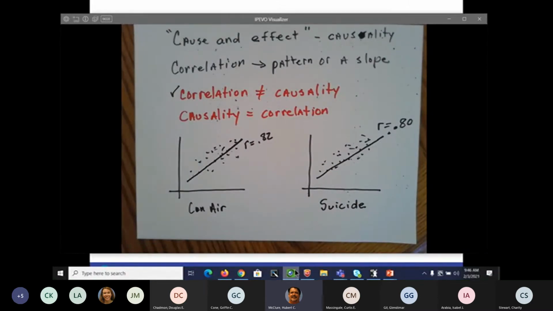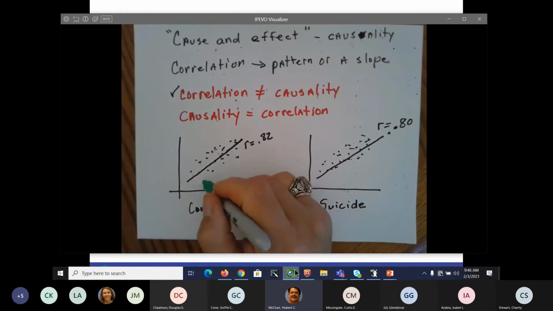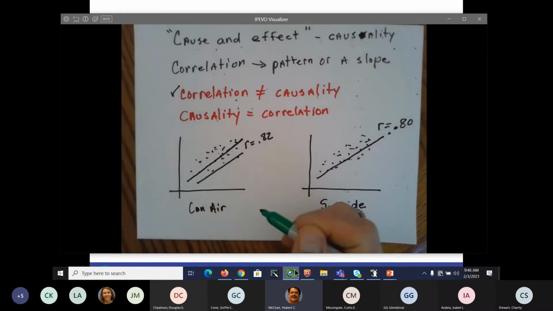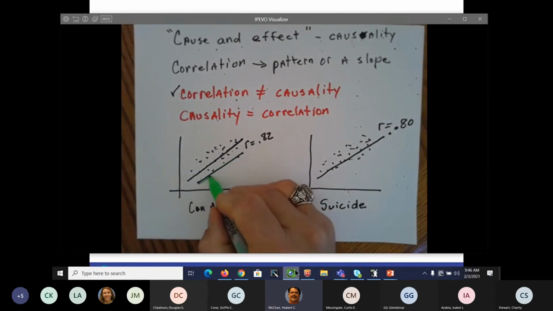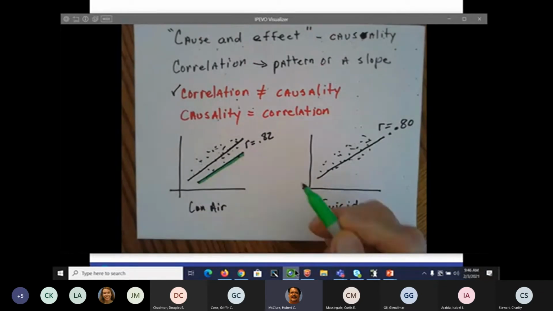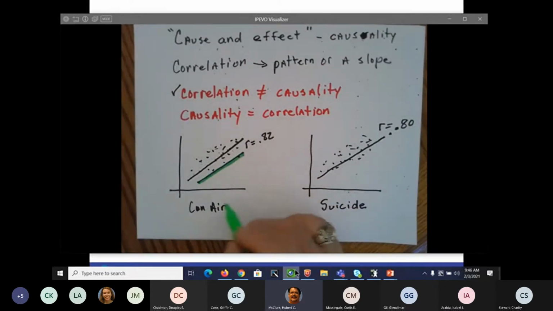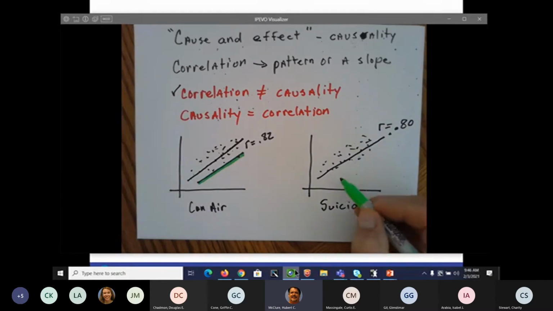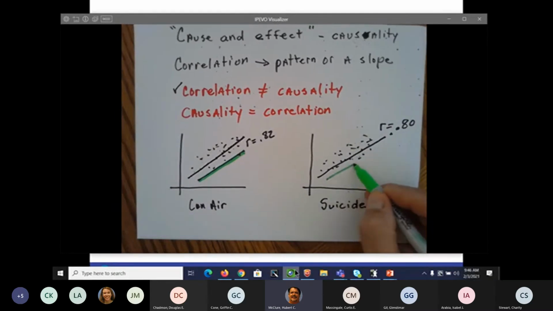Let's say this green represents how much wine I drink in an hour, and over here represents how many times I have to get up and go to the restroom.